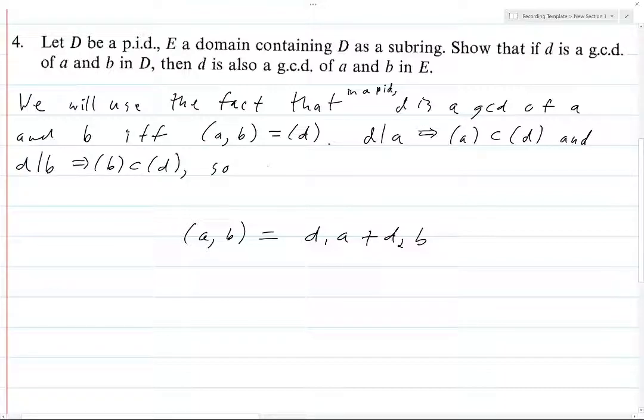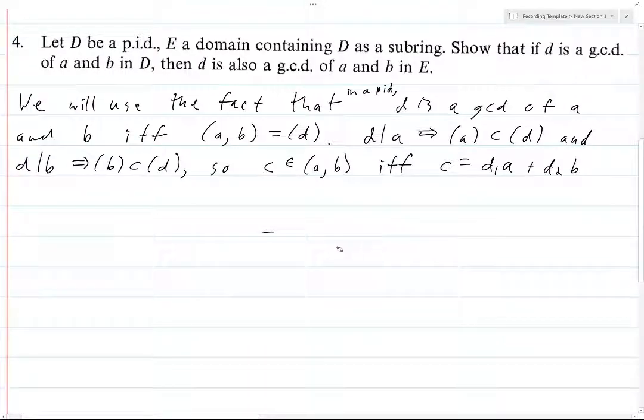So C is an element of (A, B) if and only if C can be written as a linear combination of A and B with coefficients in our PID, capital D. And we're able to combine things like this because of commutativity.